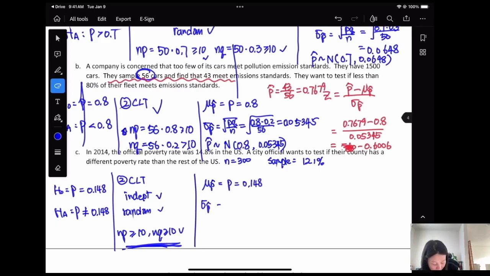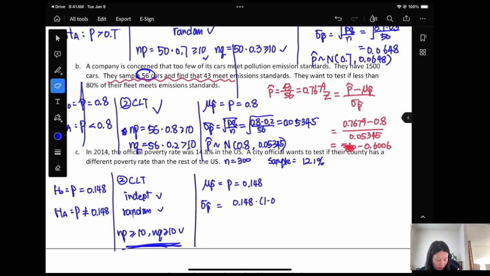Our sigma p hat equals the square root of 0.148 times 1 minus 0.148 divided by 300. That is the sample size given. So our sigma is equal to 0.0205.